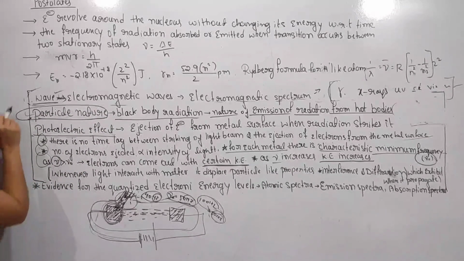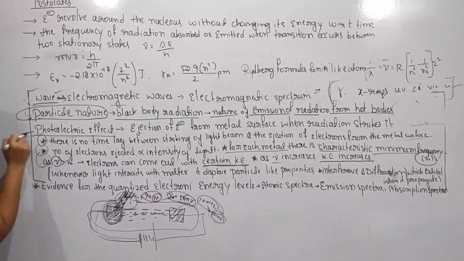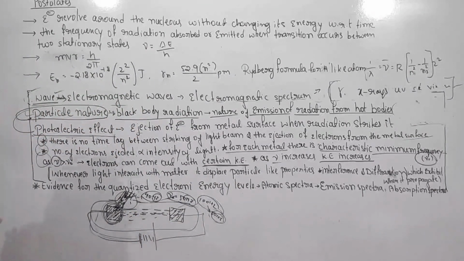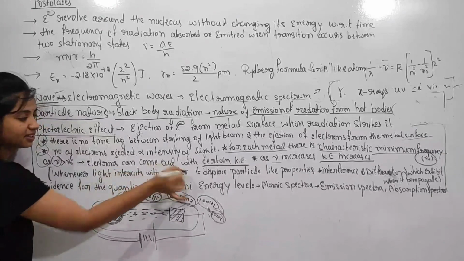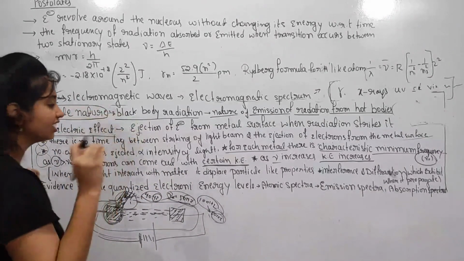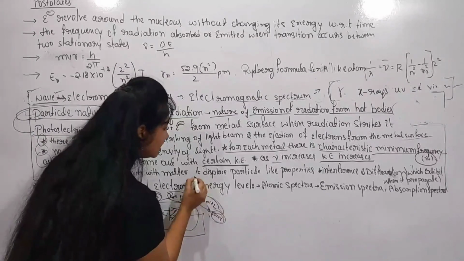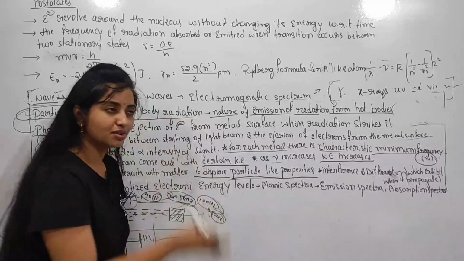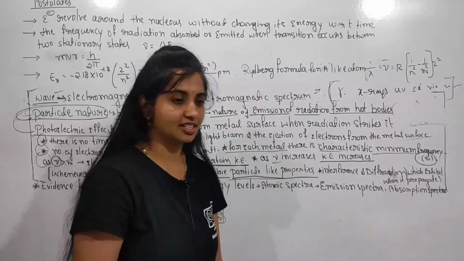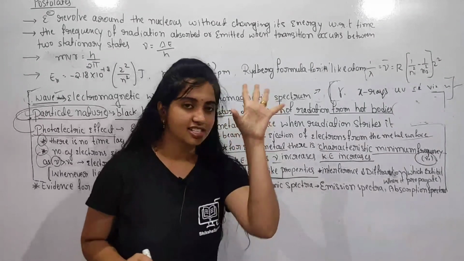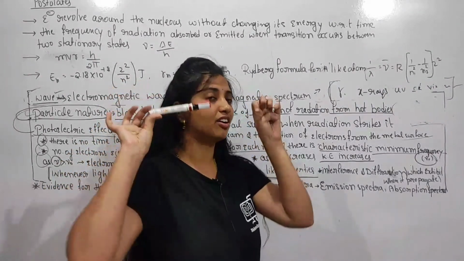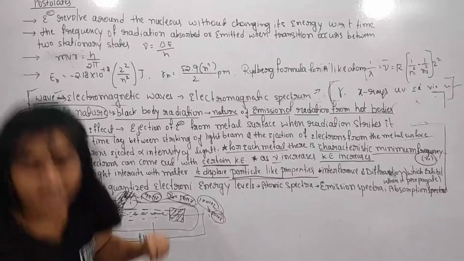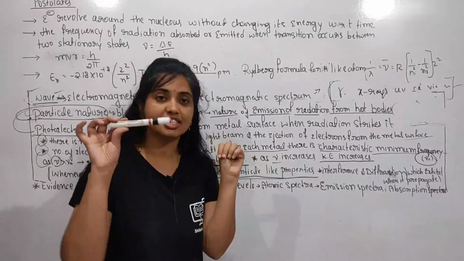By observing this photoelectric effect and the black body radiation, finally we concluded that whenever light interacts with matter, it shows particle-like properties. So this is matter, this is light.